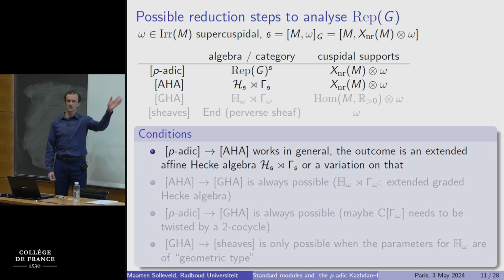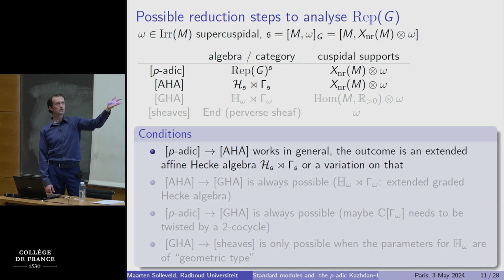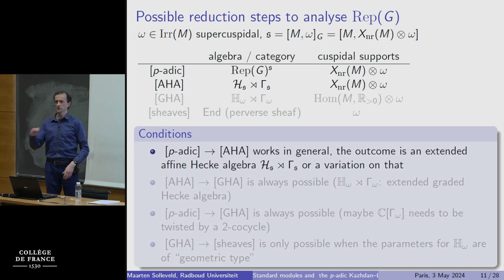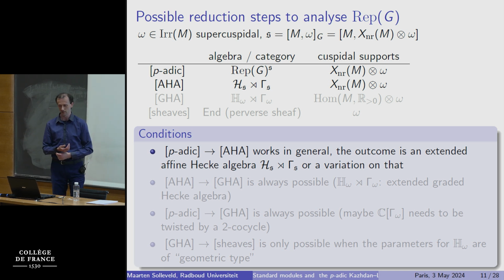So you can say this corresponds to describing all representations of a reductive p-adic group where you start with all cuspidal supports which are given by a ramified twist of one particular supercuspidal representation sigma of a Levi subgroup, and then allowing all possible operations that you can do to build new representations.